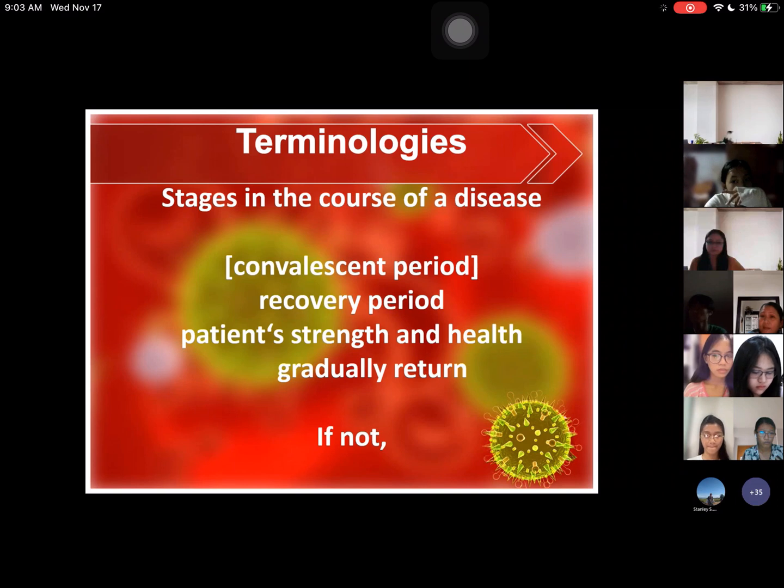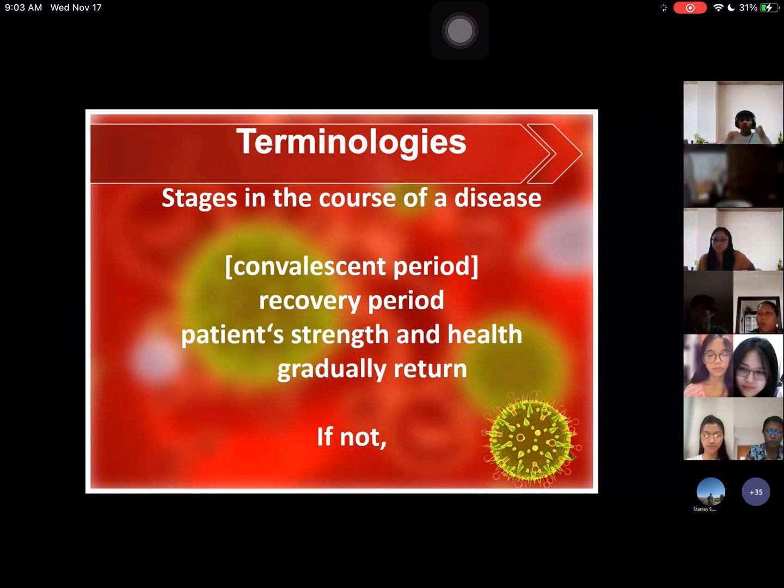But if not, if your sickness or infection is in the malignant stage already, you will not be able to overcome it. You will eventually die.